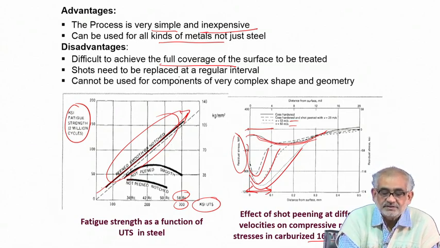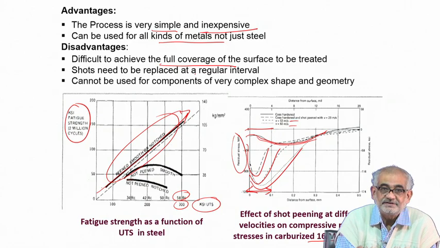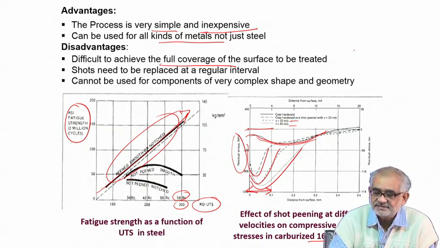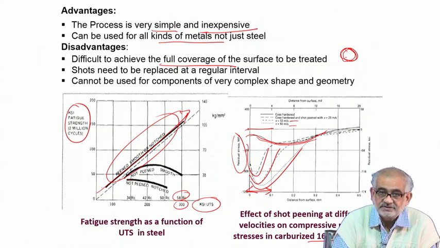Also, we expect the shots should always remain geometrically spherical and maintain the same level of hardness. These are supposed to be very rigid, but if you're dealing with steel shots, or even carbide shots or some other ceramic materials, they do get deformed after a while.